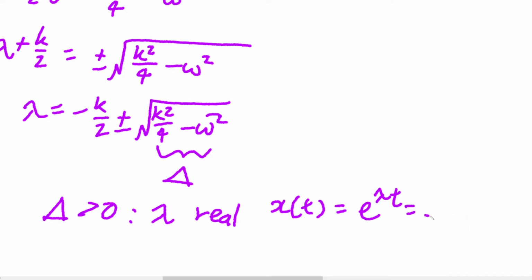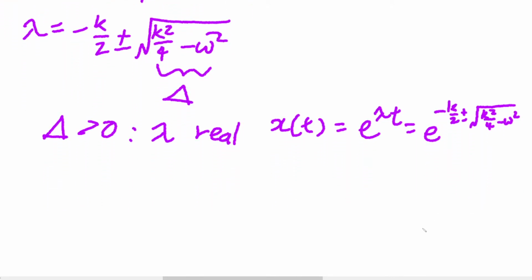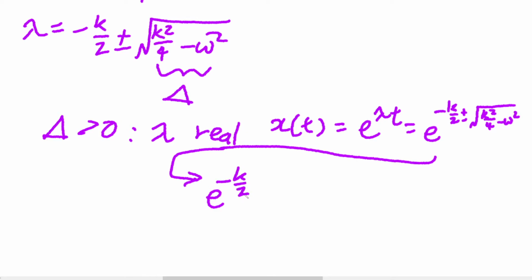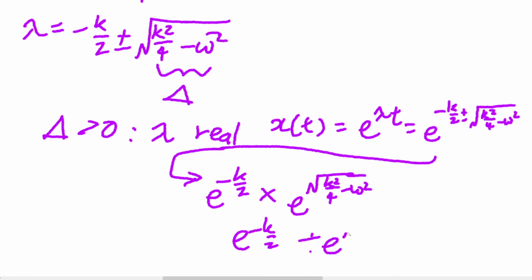So e to the minus k over 2 plus or minus the square root of k squared over 4 minus omega squared will be, if we investigate this scenario further, e to the minus k over 2 either multiplied by e to the root of k squared over 4 minus omega squared, or e to the k over 2 divided by this thing.